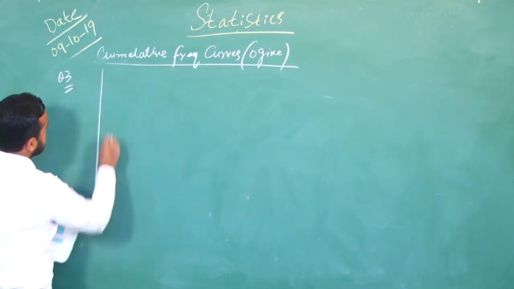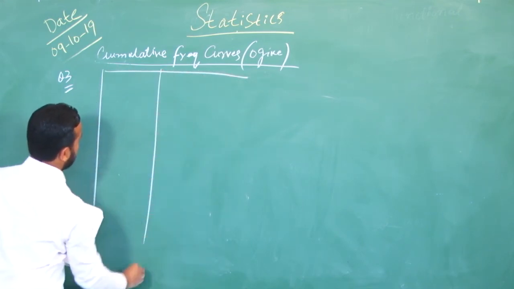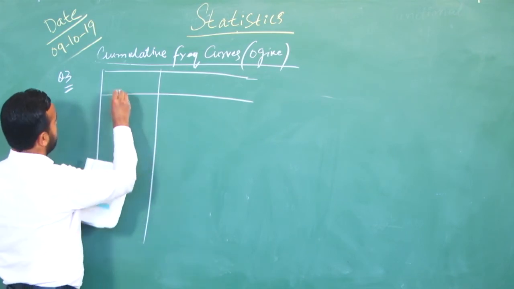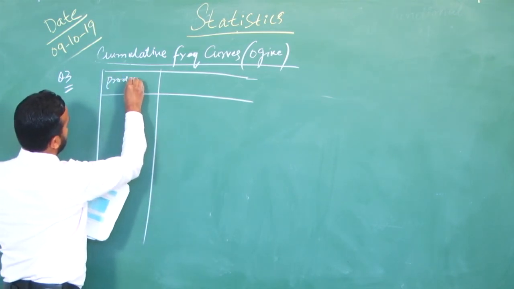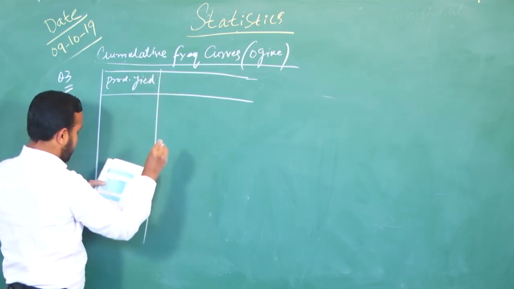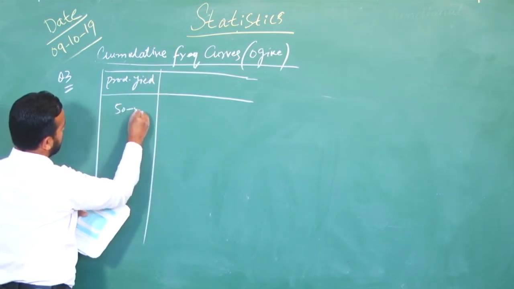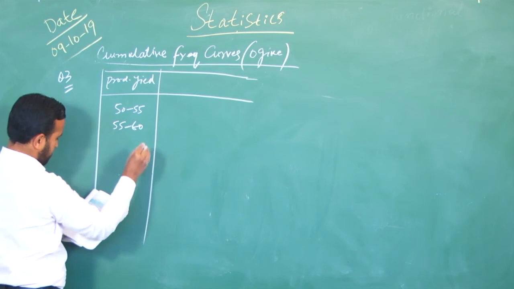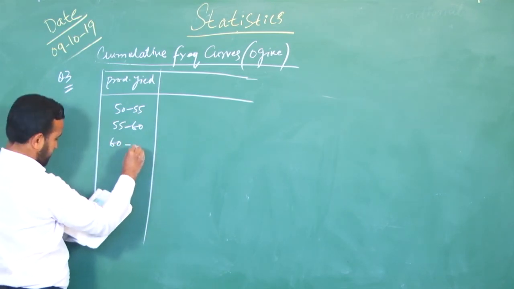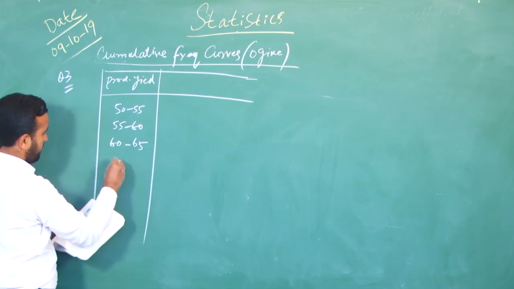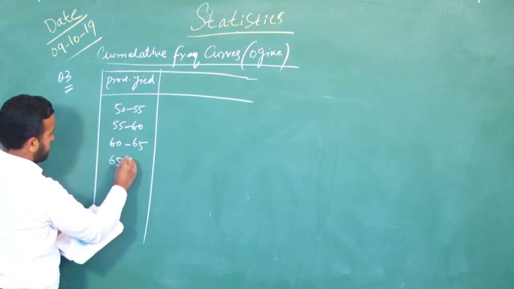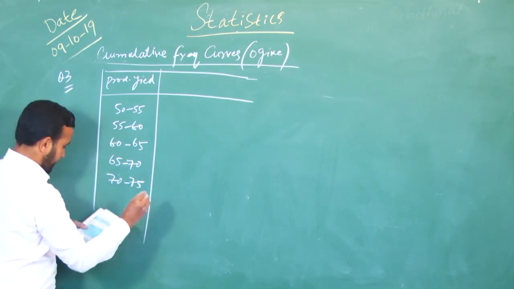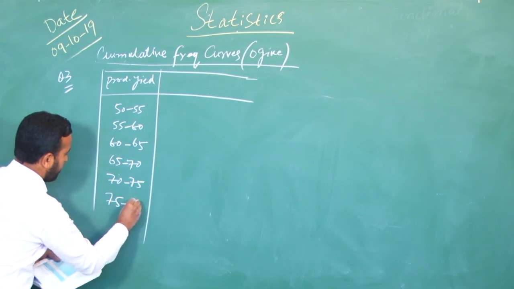That is, production yield is given there. It is 50 to 55, then 55 to 60, 60 to 65, 65 to 70, 70 to 75, and the last one, 75 to 80.